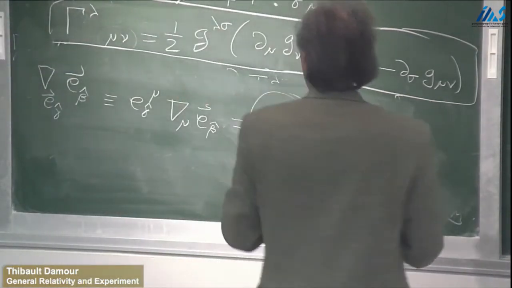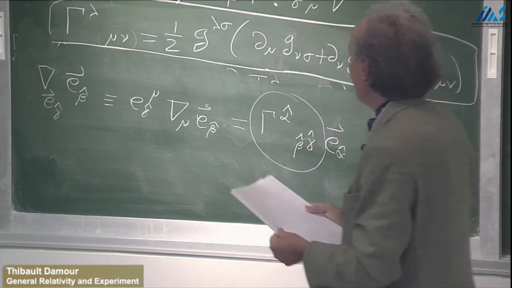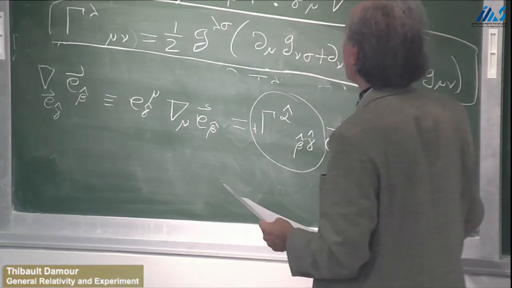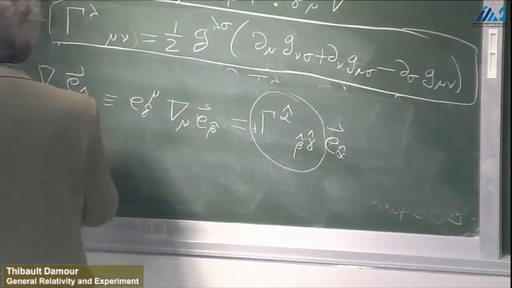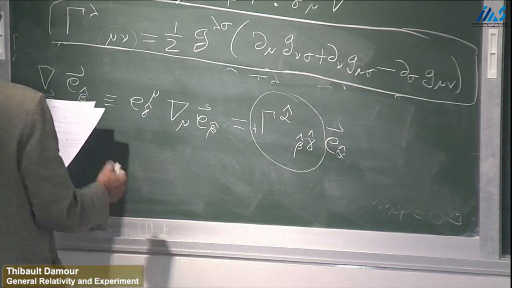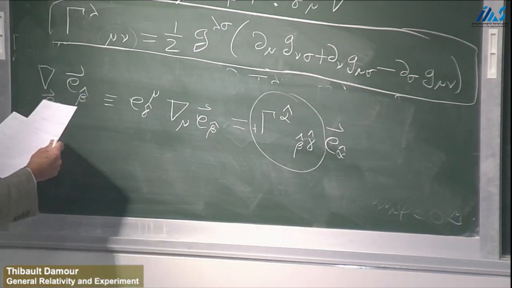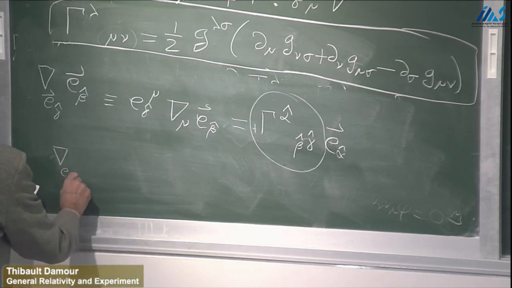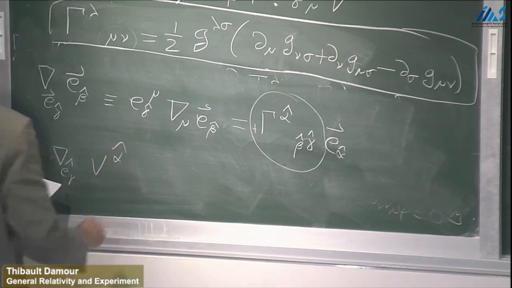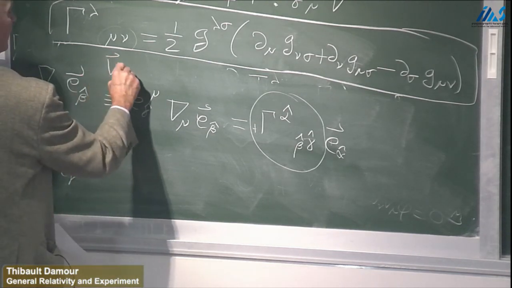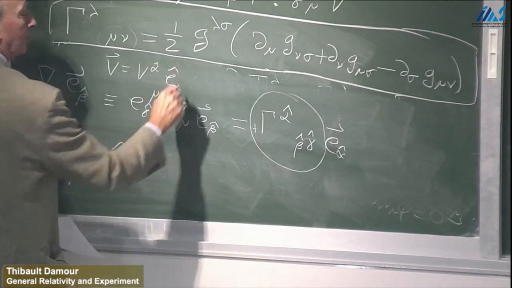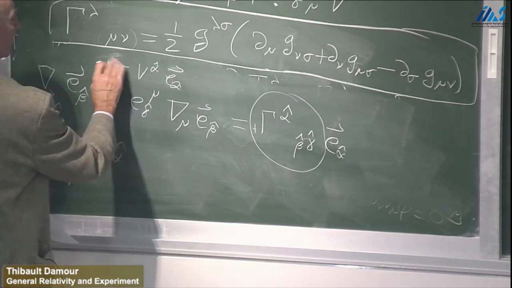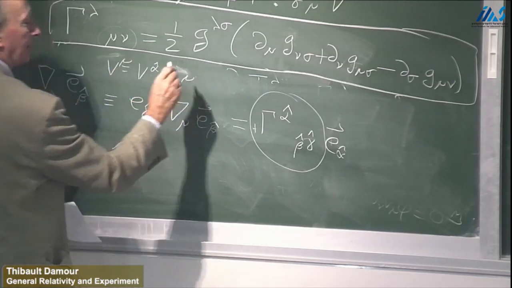It is a plus here, sorry. Yes, I define gamma this way. And once I have defined gamma, what you find is the directional derivative along E gamma of the components. If I have a vector V, which as an abstract vector is V alpha E alpha, it has components V mu given by this.